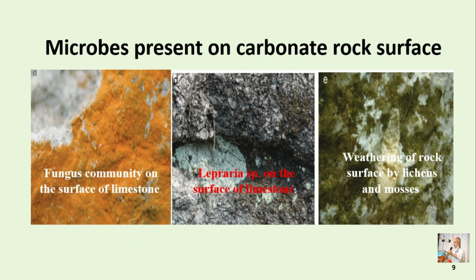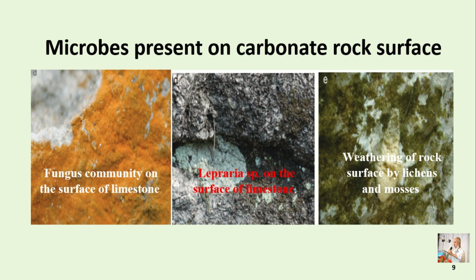This is an example of some microbes. You can see microbes present on the carbonate rock, from the same publication, a fungus community on the surface of the lime rocks. You can see the rusted color.